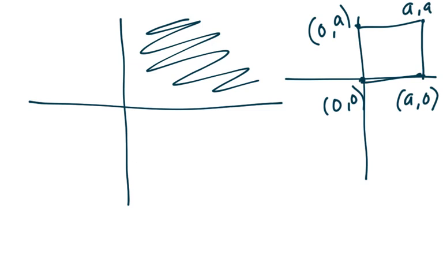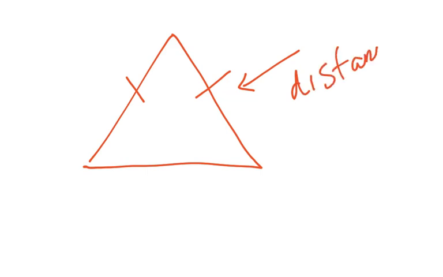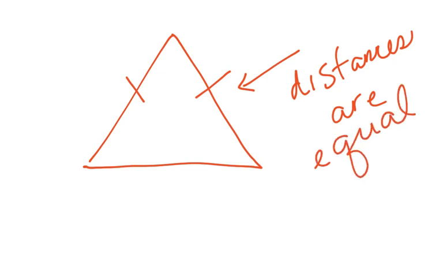Okay, when you're trying to prove these, what I really would like you to get out of this, and I didn't give you a lot of proofs. If Mrs. Lenz was trying to get you to prove that this is an isosceles triangle, I would want you to know that you would have to show me that two distances are equal. And how you can show me distances are equal is with the distance formula.